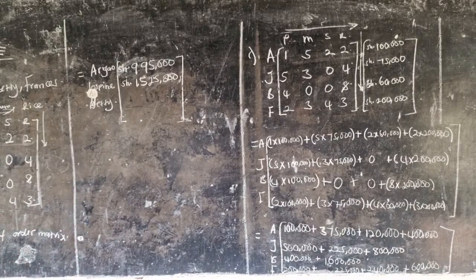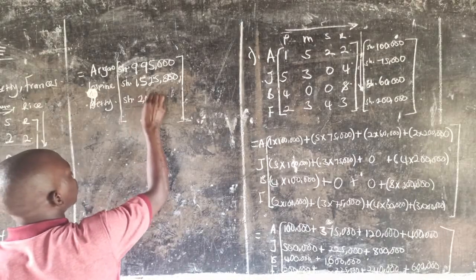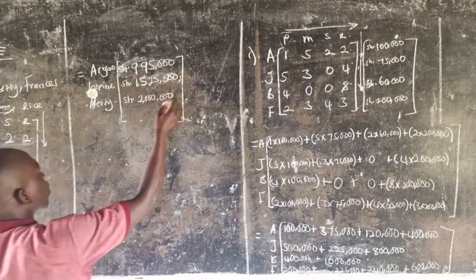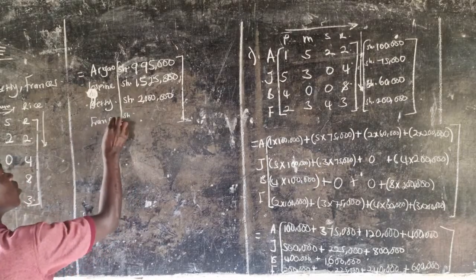Then when we go to Betty, she has 400 plus 1.6, that is 2 million. So this is 2 million. Then finally we have Francis.